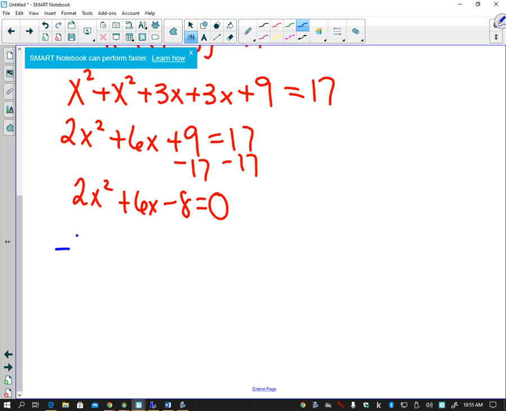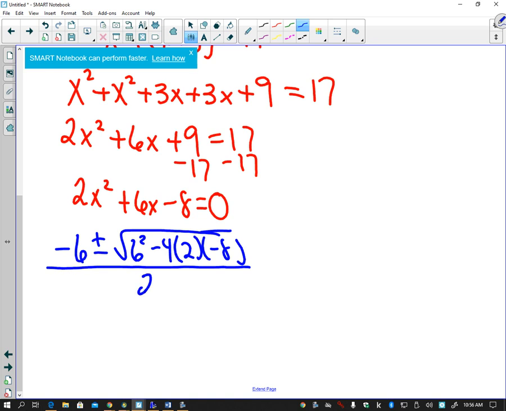So I'm going to get negative 6 plus or minus the square root of 6 squared minus 4 times 2 times negative 8, all over 2 times 2. Does that work for you guys? Negative 6 plus or minus, over 4. Looks like I have 36, and with the 2 negatives, negative 8 times negative 8, I should get 36 plus 64.